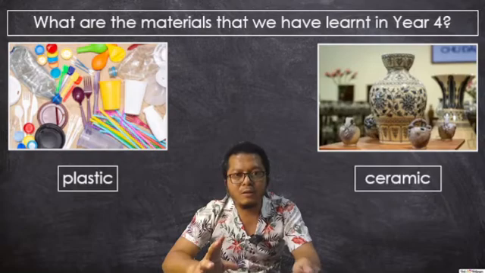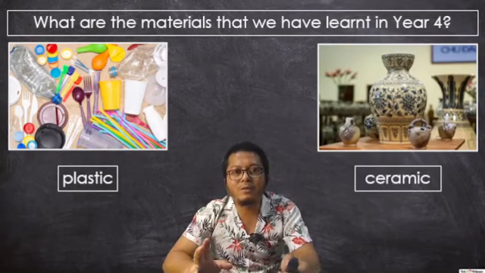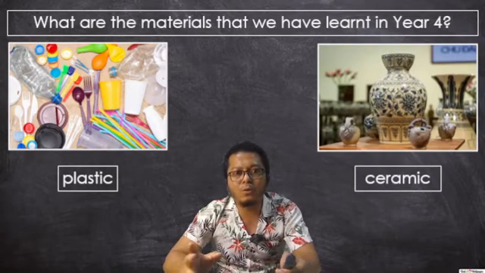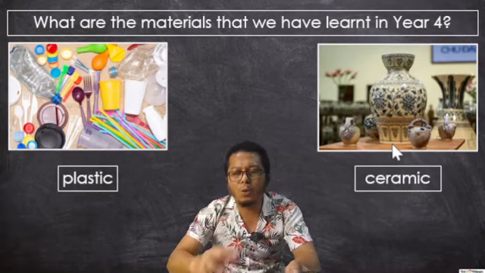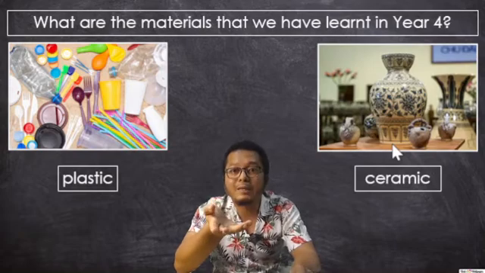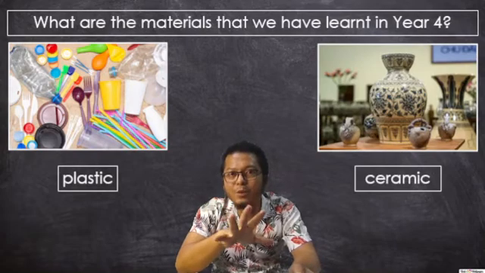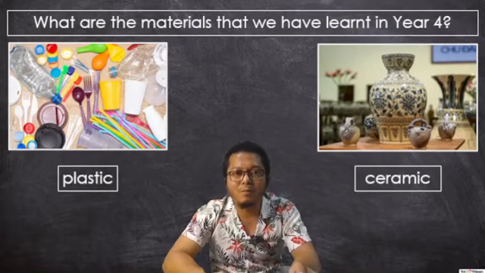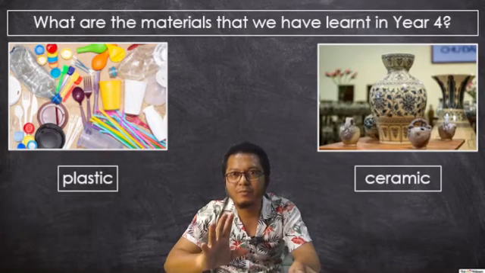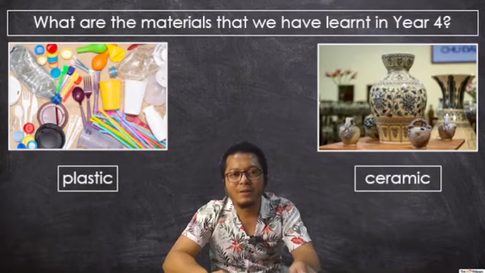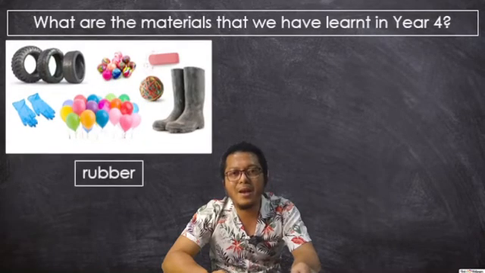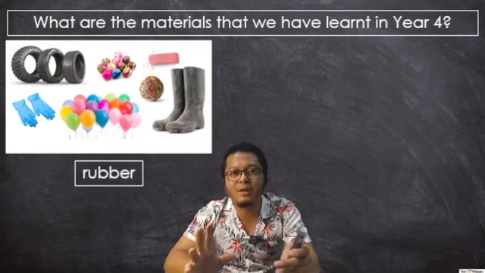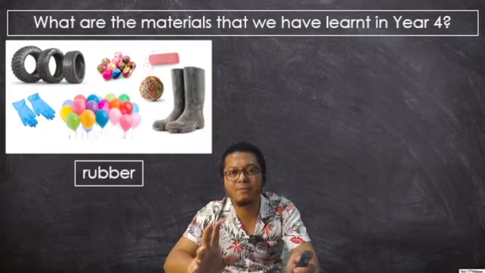Ceramic, some objects are made from ceramics, like I've told you in year 4. An example would be a vase or brakes. Some car brakes are made from ceramic because it is good, they can use it. And the last one is rubber, some objects are made from rubber. Now there are 7 materials that we have learned in year 4.